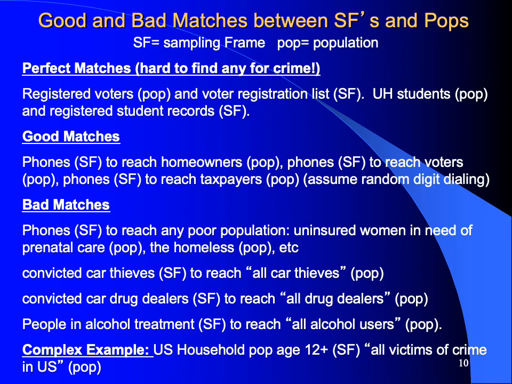So it's the U.S. household population aged 12 and older, to approximate all people who are victimized by crime. Now, in a way, the household population aged 12 and older covers the vast majority of people in the United States who would be victims of crime. Okay, so in that sense, it's pretty good, but it's not perfect.